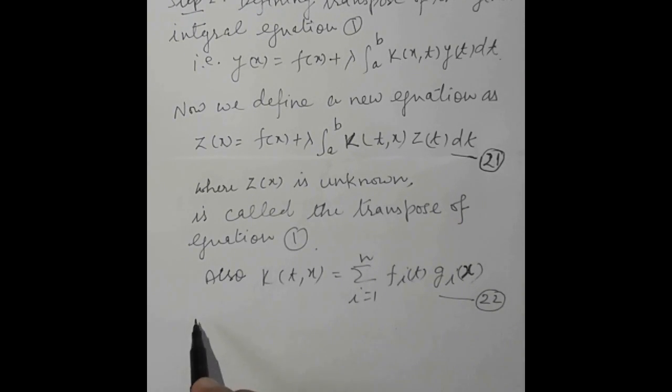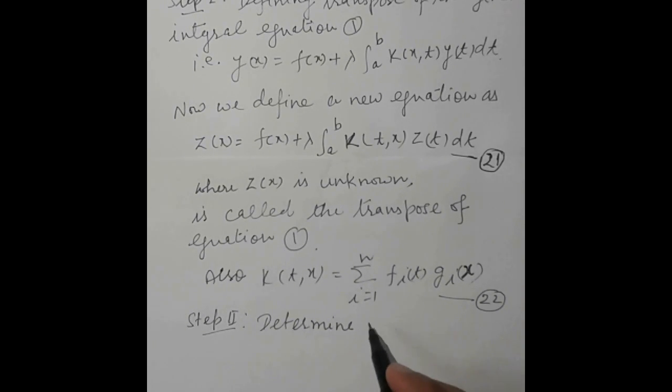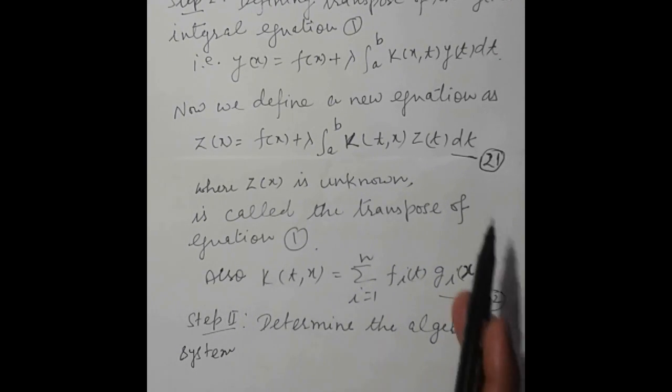Now the second step is to determine the algebraic system for the transpose equation 21.